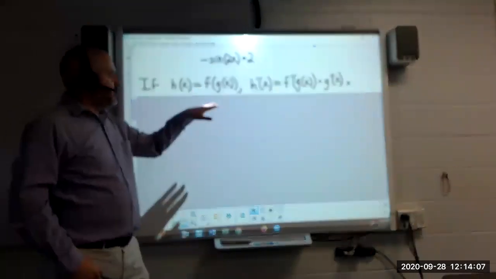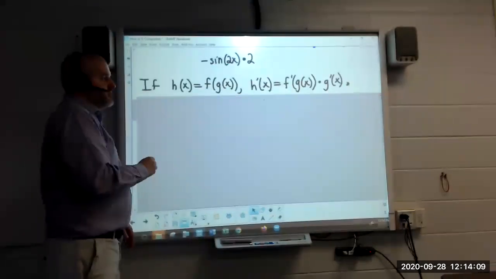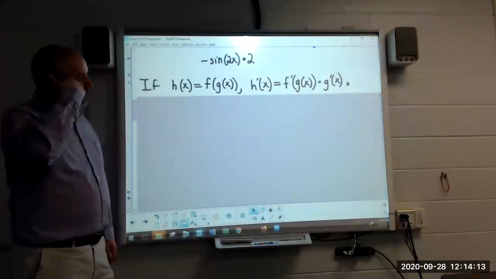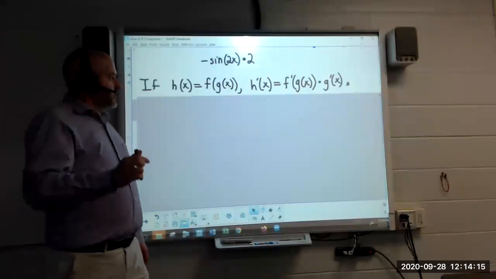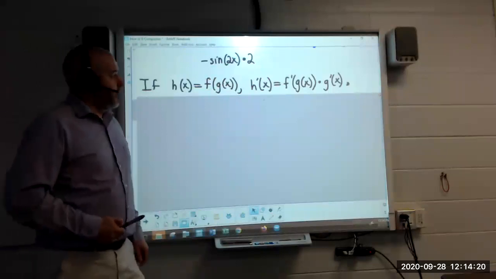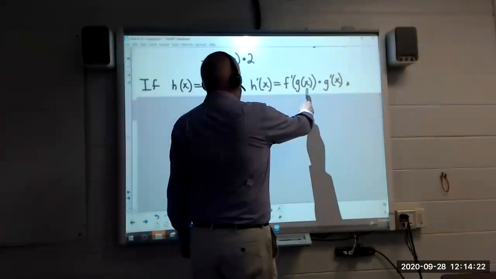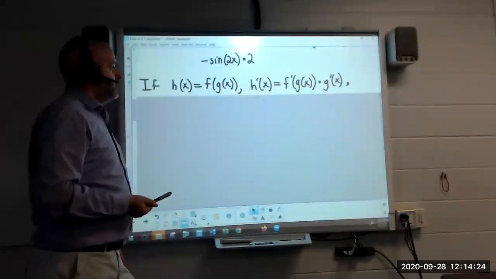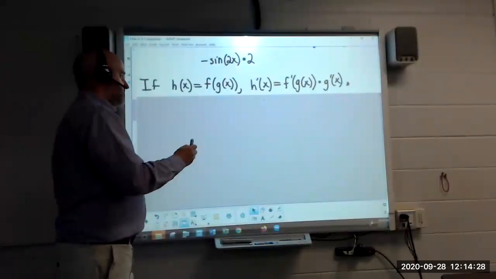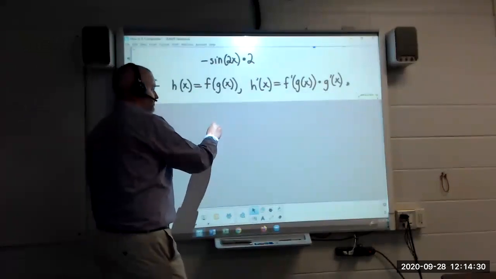So we identified the function that gets substituted into the other function. That was 2x. We took the derivative of cosine, that's negative sine. We took the derivative of 2x, and then we said that we have f prime of 2x, so negative sine of 2x times the derivative of 2x, which is 2.